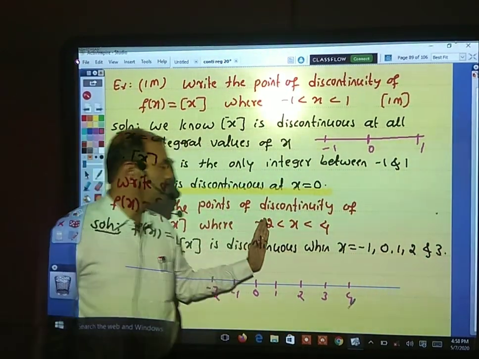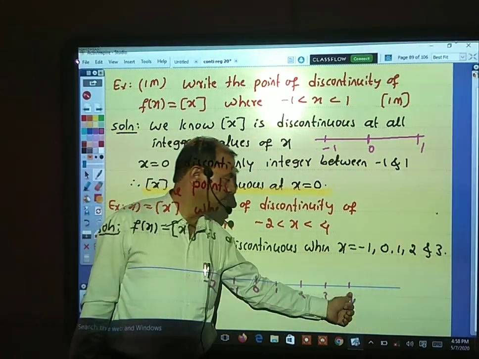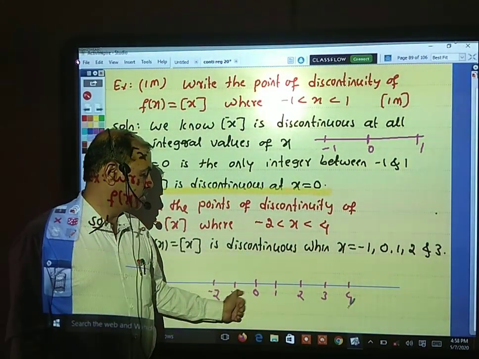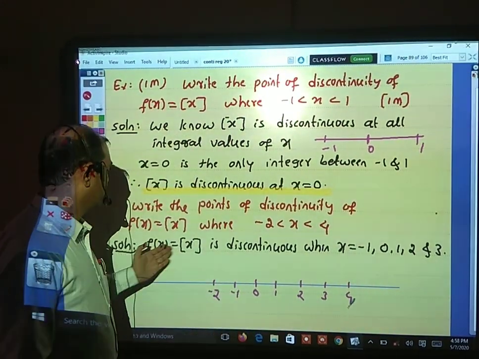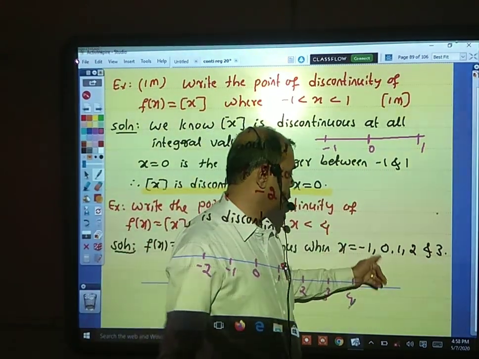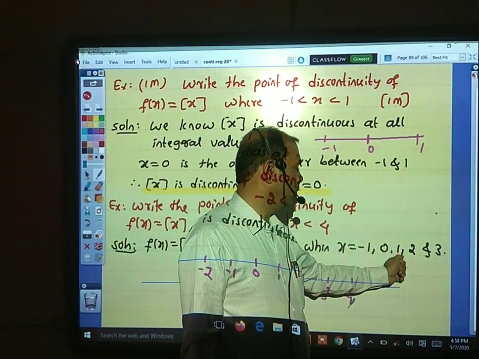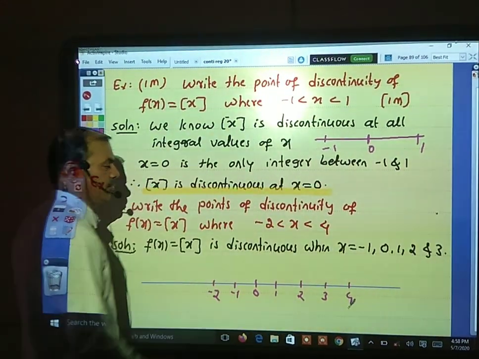We have to check between -2 and 4. What are the integers between -2 and 4? They are -1, 0, 1, 2, and 3. Therefore, the greatest integer of x is discontinuous at these points: -1, 0, 1, 2, and 3.